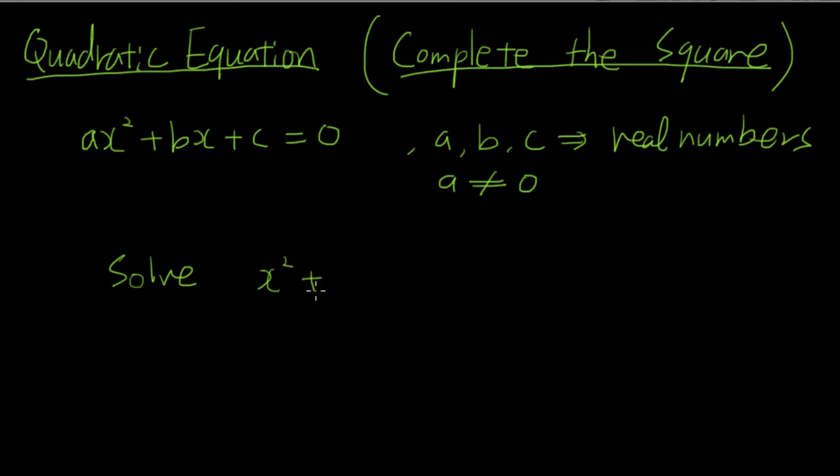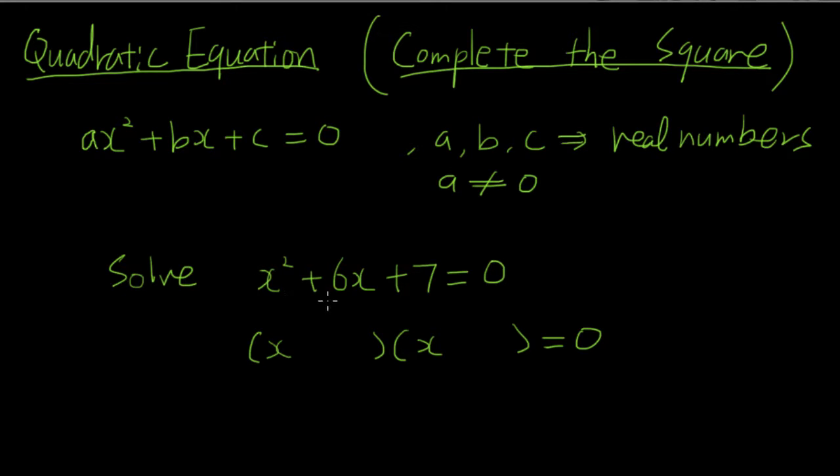So let's say we try to solve x squared plus 6x plus 7 equals 0. Now, your first response for solving something like this should be factoring. If I have to do something like this, I'll at least try to factor, right? This is just a particular form where we do not have a number in front of x squared.